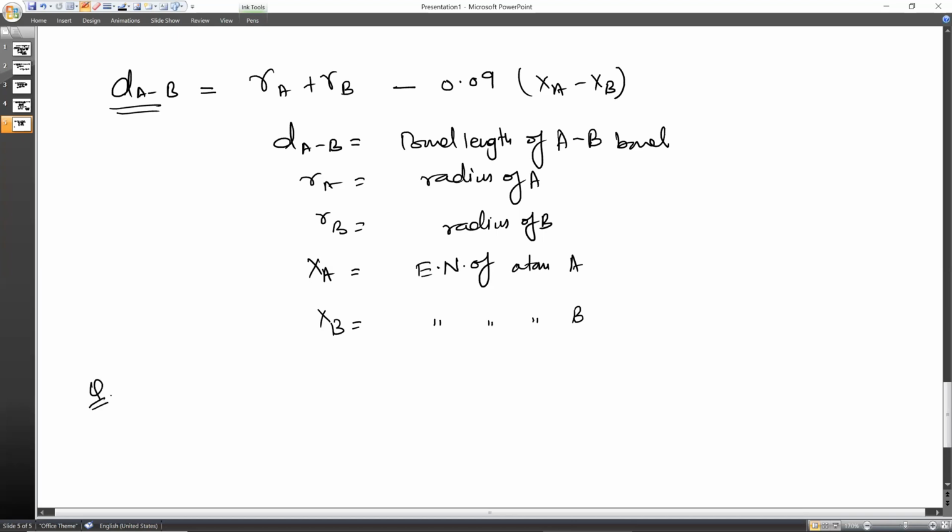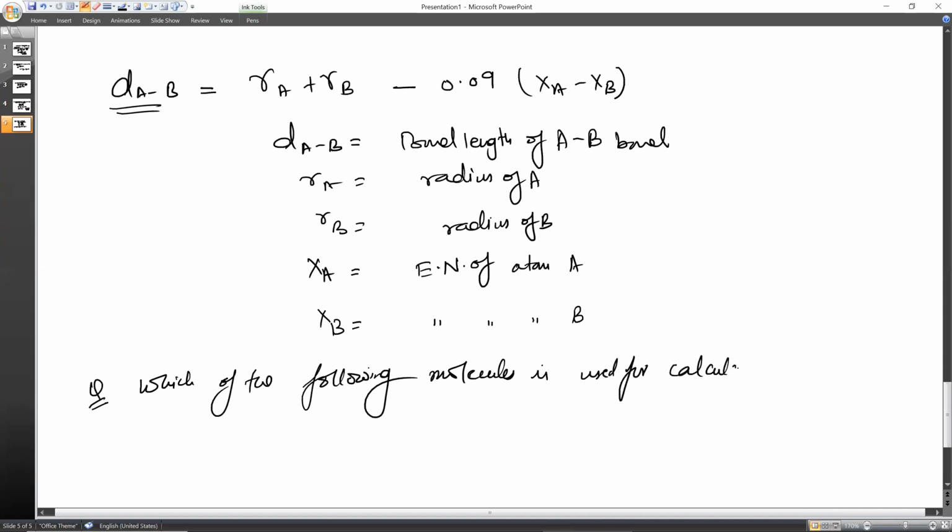I'm just going to have a question here. Which of the following molecules is used for calculation of the covalent radius of nitrogen?